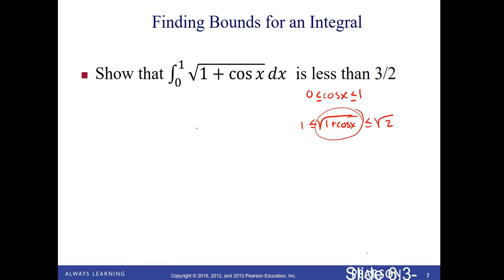So therefore, somewhere my minimum value of my function is 1, somewhere it's root 2.